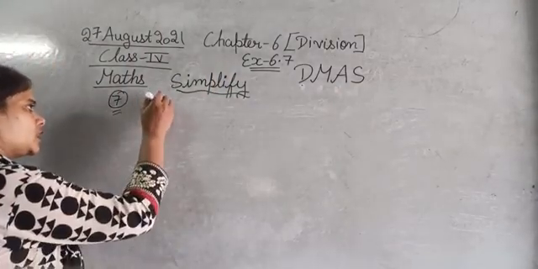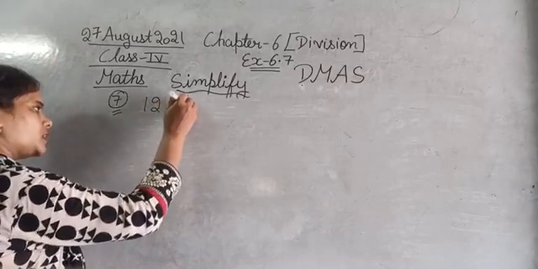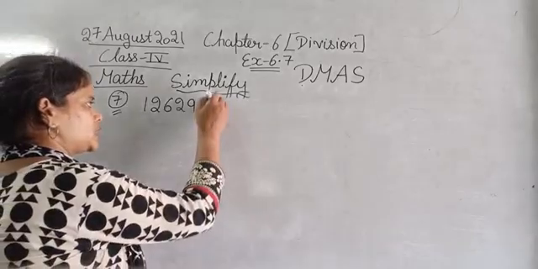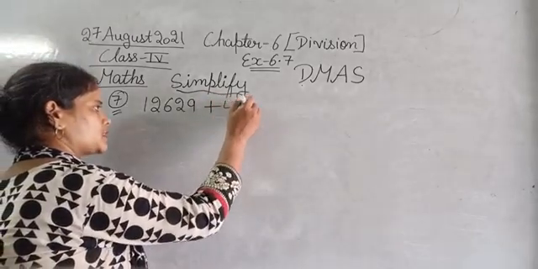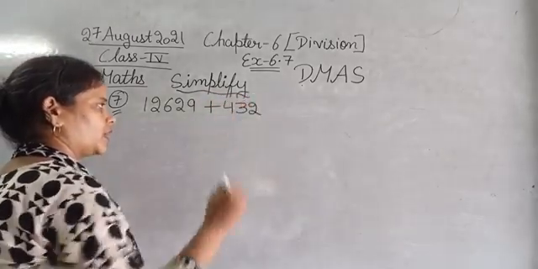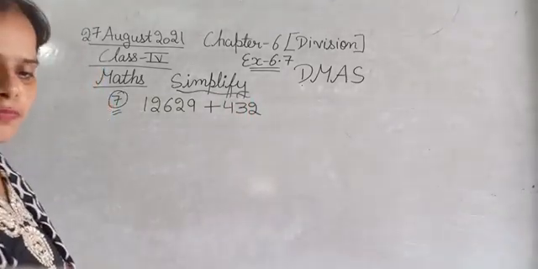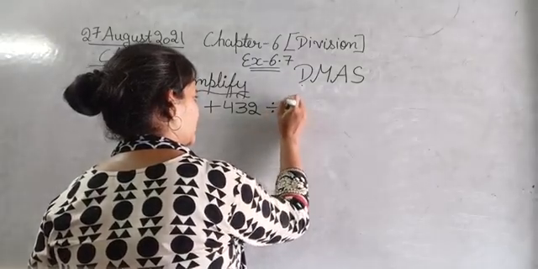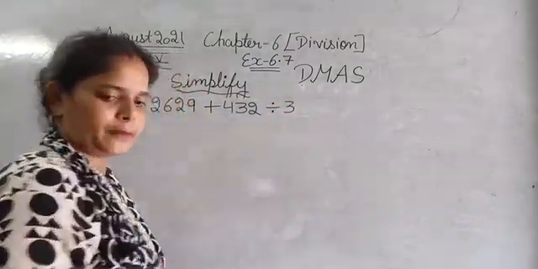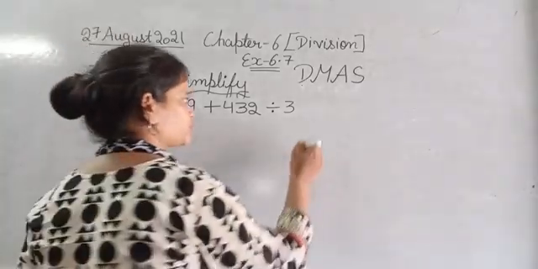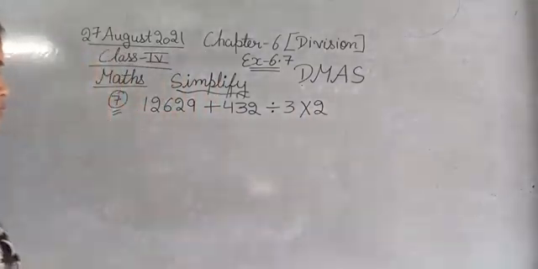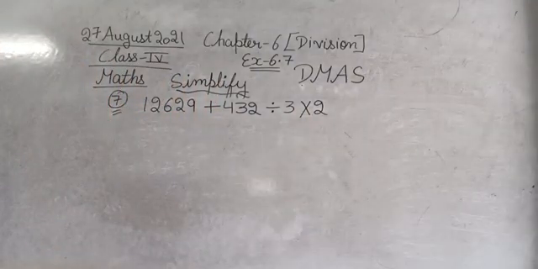12,629 plus 432 divided by 3 multiply 2.